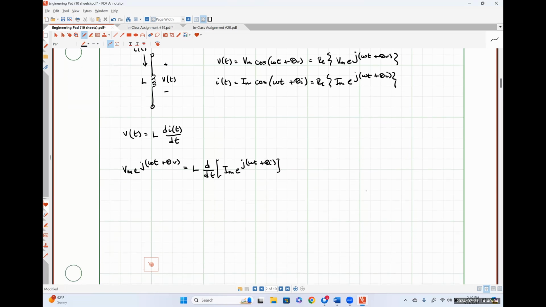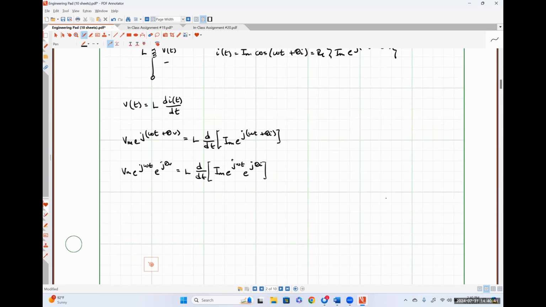So I'm going to do that thing where I effectively split up my exponentials. That's going to look like Vm e to the j omega t times e to the j theta v is equal to L times the derivative of Im e to the j omega t e to the j theta I.